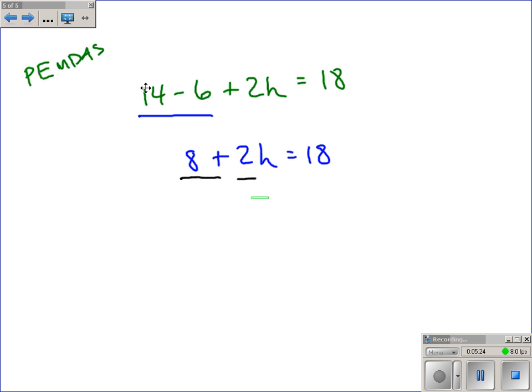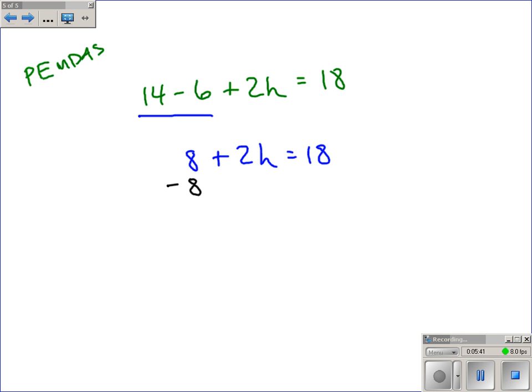Usually the easiest thing to do is to get rid of the plus or minus number first. That usually is simpler for us, and so we'll do that. The way that you get rid of the plus 8 is by doing the opposite, subtracting 8 from both sides of the equation.